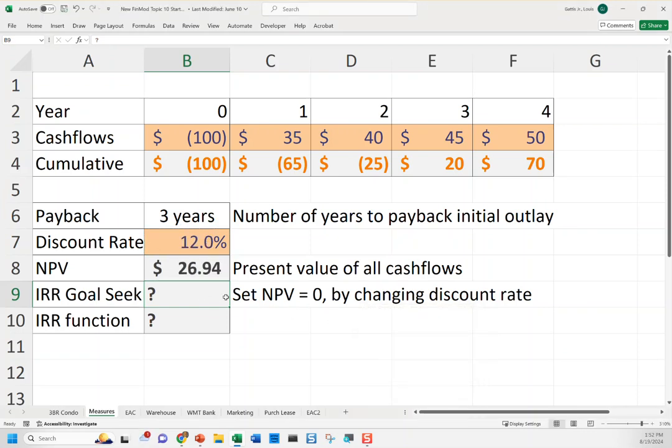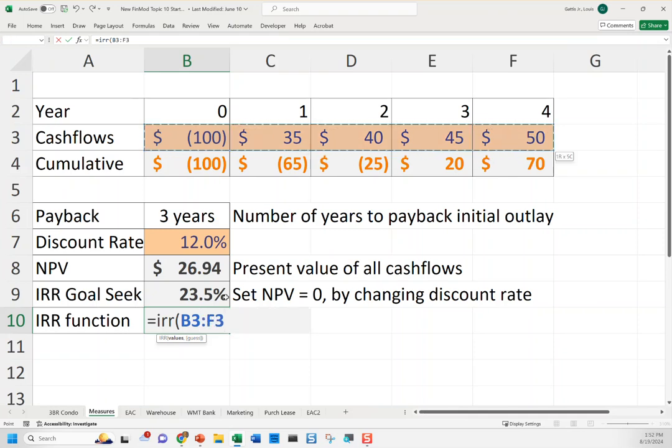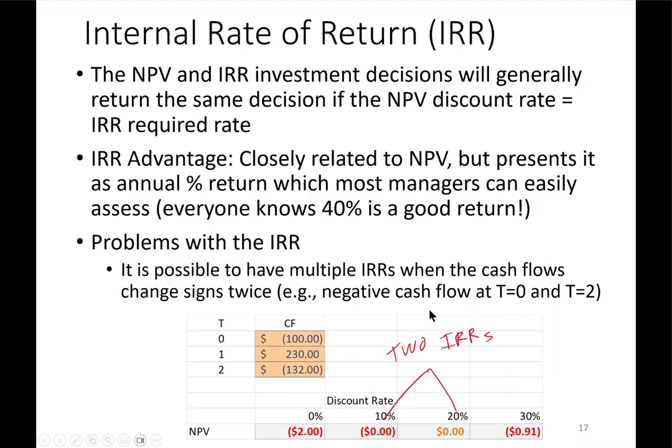So I can just type in 23.5%. Or you can use the IRR function, equals IRR, and put in all the cash flows, not the cumulative ones, and I get 23.5. So you can think about this as I'm getting a 23.5% return per year on my $100 investment. All right, so those are the 3 main metrics.